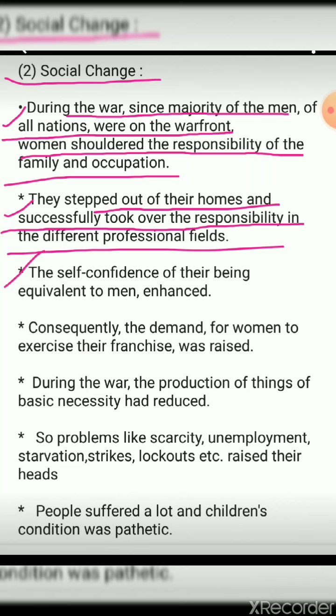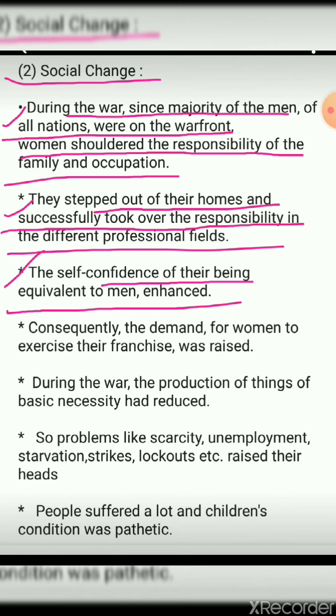Next, the self confidence of their being equivalent to men enhanced. Obviously, a woman being given freedom and responsibility, she stepped out, and now they were equivalent to men. One positive aspect can be seen over here.